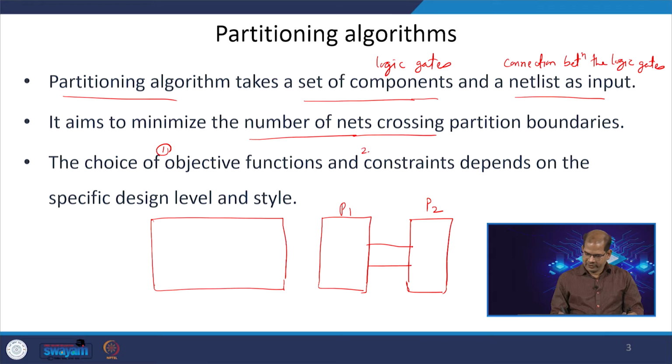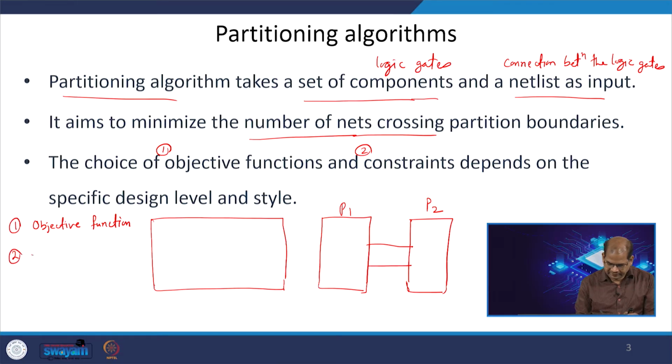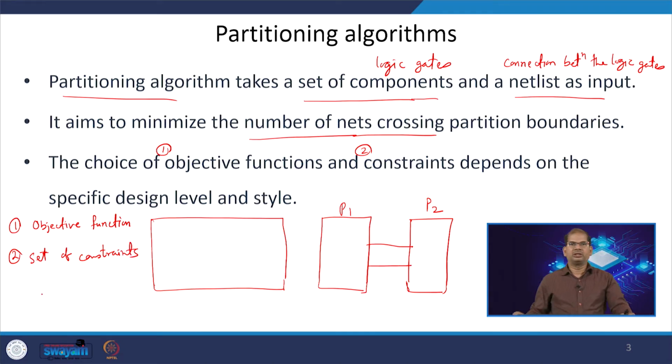So, the first is the objective function and the second is the set of constraints. The objective function can be reducing the number of nets or improving the speed of your design, and the constraints might be the number of terminals and area constraint, and it also depends upon the different design styles.